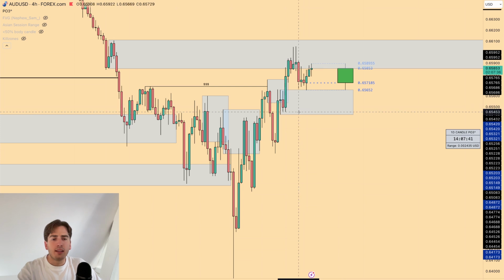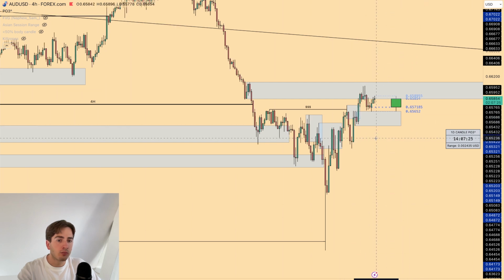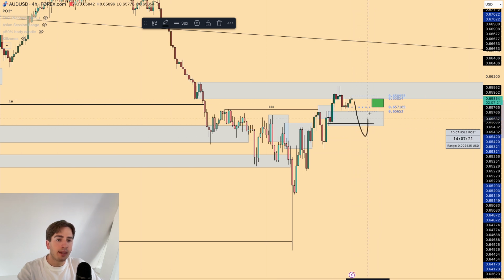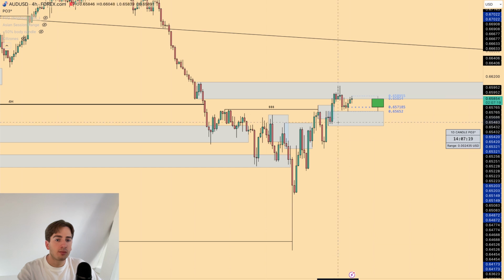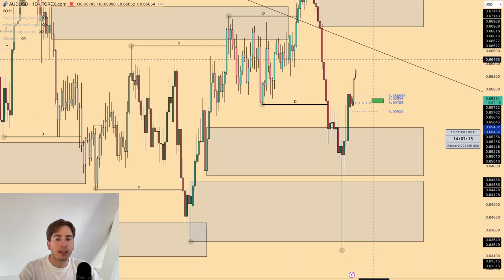So let's see. If this demand zone holds, we could still just keep on trickling up higher. I'll only be looking for a short, guys, on Aussie dollar once we break this 4 hour demand zone, because that is also a fractal break of structure, and then I'll be happy to look for a short. Otherwise, we could just continue moving up higher. I hope that is clear.